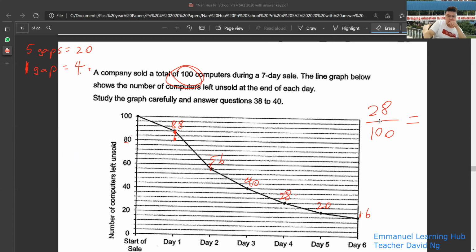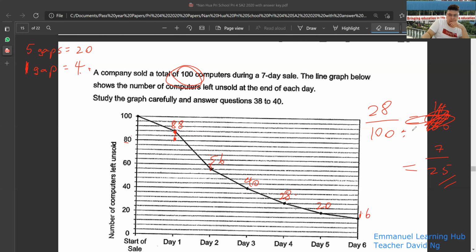14 over 50. But it's still not the lowest form. What's the lowest form? 7 over 25. Yes, 7 over 25. So instead of 14 over 50, you divide by 4.